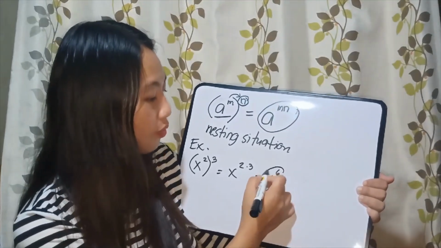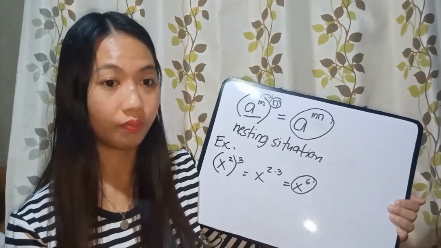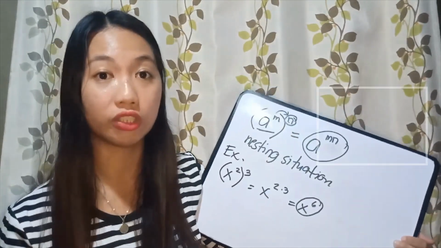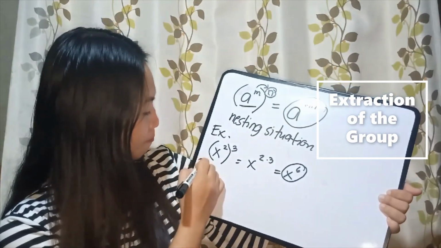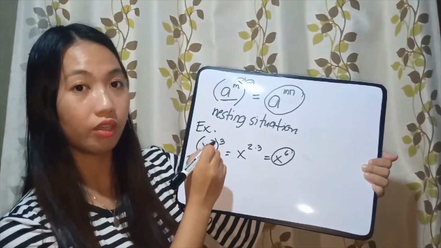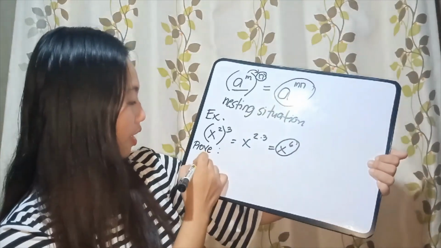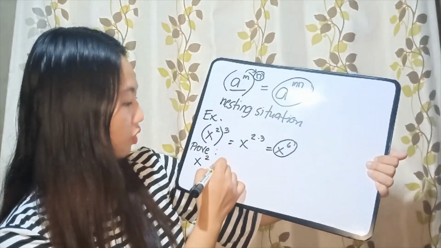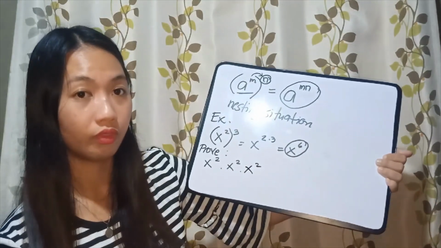Okay. So, to prove that x raised to 6 is the answer, let's have the extraction of the group. Okay. So, it says that x squared is going to multiply 3 times. So we have x squared times x squared times x squared. Okay?